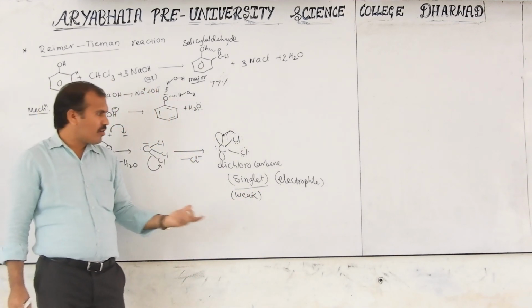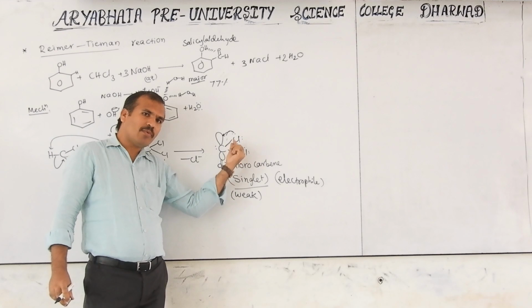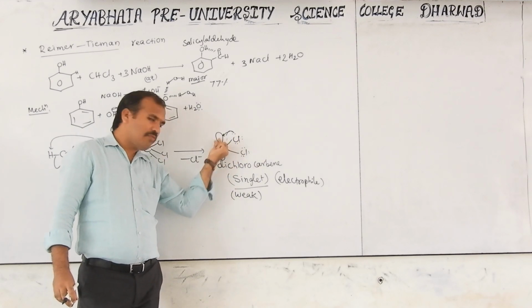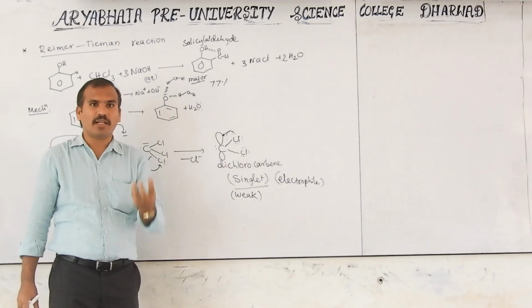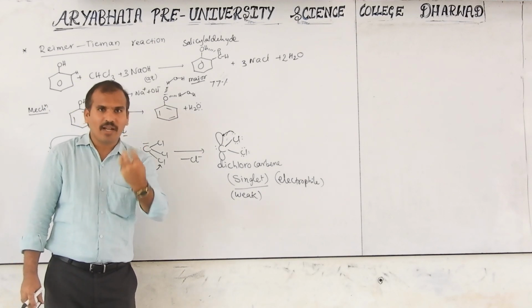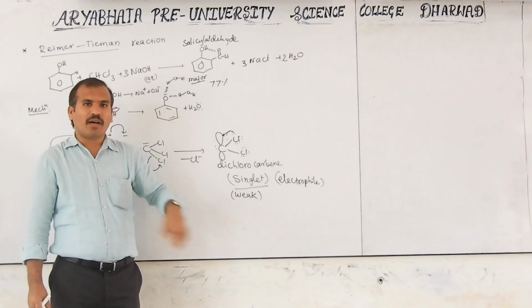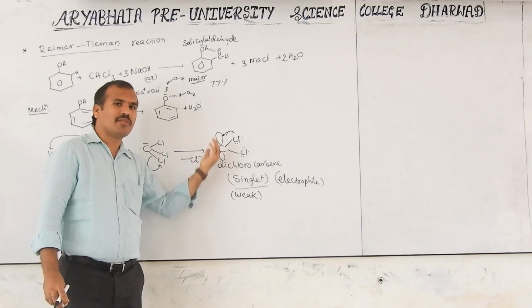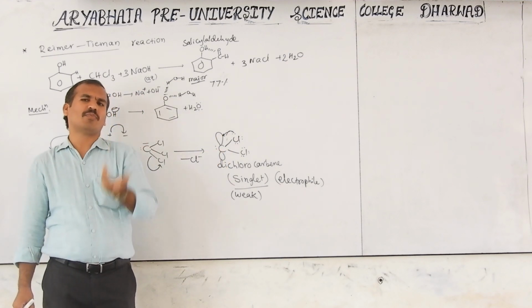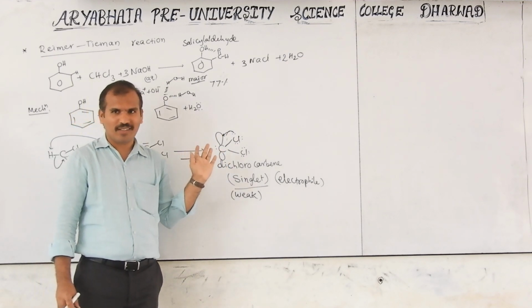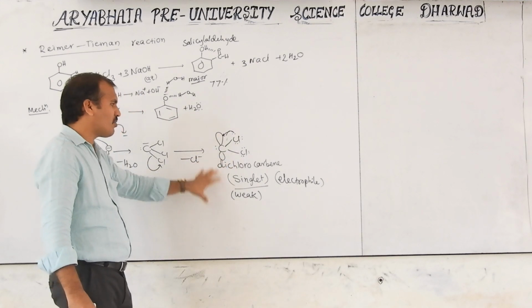Why is it a weak electrophile? The reason: here the chlorine atom donates the lone pair to this vacant orbital. Otherwise, it is very hungry to take electrons from others. But the side atom is already giving to this. That's why, use also no problem, not use also no problem. That is what is called a weak electrophile.